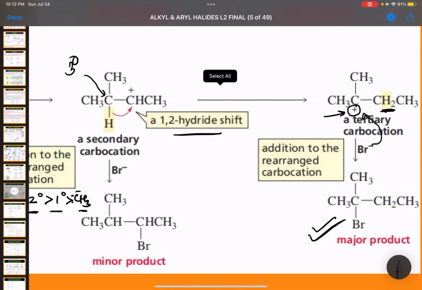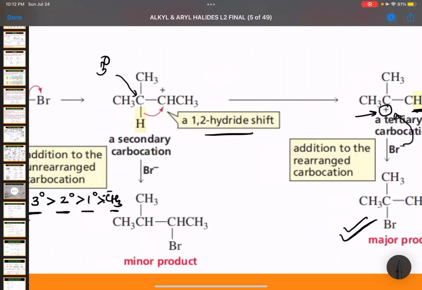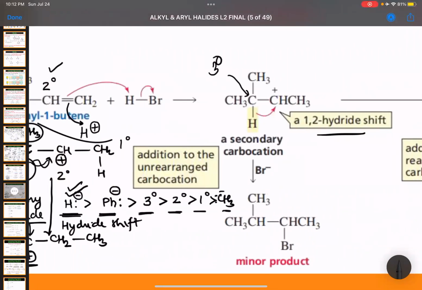This process is known as rearrangement of carbocation. Rearrangement must be done as per migratory aptitude, by considering the migratory aptitude of the groups. The new carbocation formed is more stable than the previous one by shifting of a group. This whole process is rearrangement.